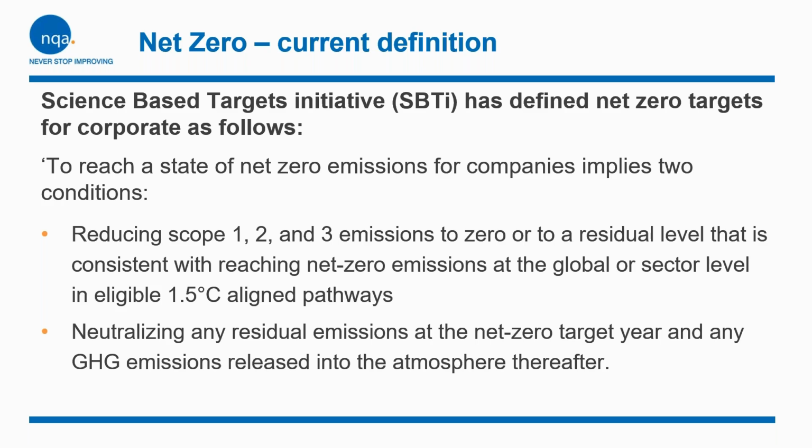So in other words, keeping the emissions at a level where the global warming is limited to 1.5 degrees, and following that trajectory of reducing scope 1 and 2 and 3 emissions to a residual level that is considered net zero. In other words, you can't get any better.